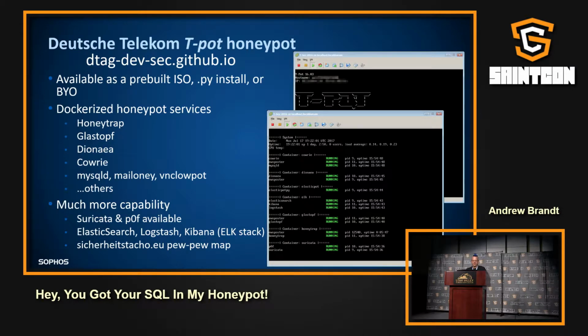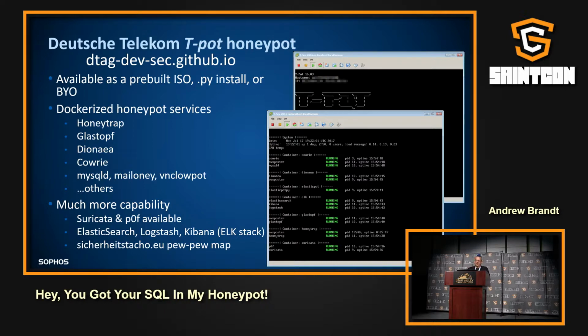Because it's part of Deutsche Telekom's network infrastructure, it's created by them. Sorry, not hosted by them, but they host the code. They have embedded in it a little bit of telemetry that sends some attack data back to them, and so they're using that to monitor attack data as well.